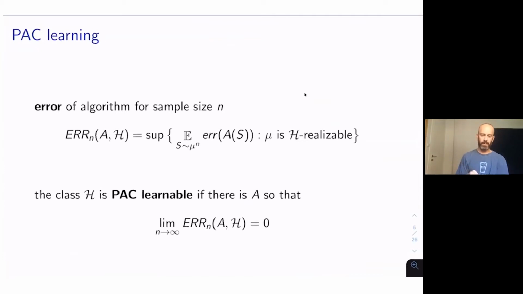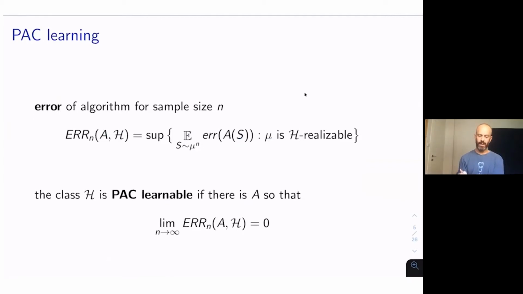Now the first step is to define the error of an algorithm A with context H and sample size n. There is an algorithm, it has some context, we can forget about it for a second, and the algorithm chooses some number of samples n. Then the error is the supremum of the expected error over all distributions.